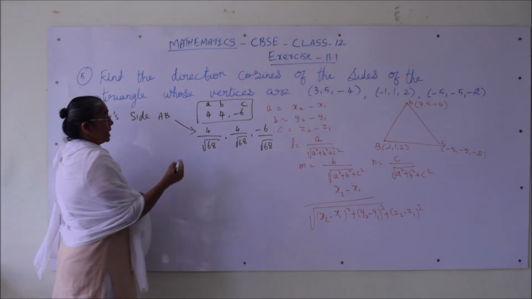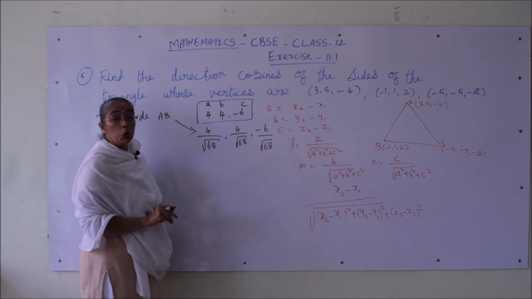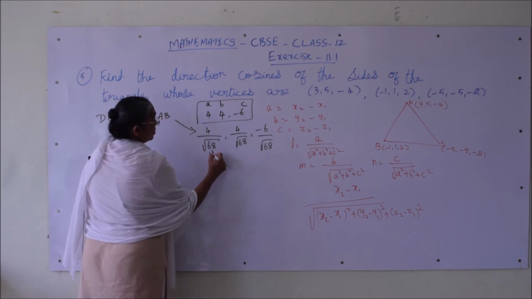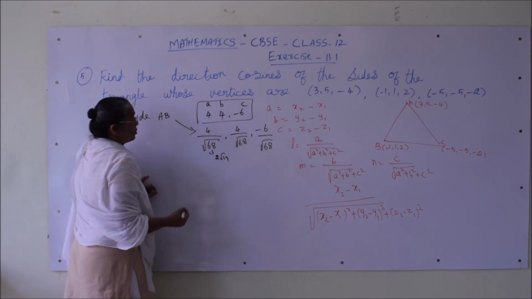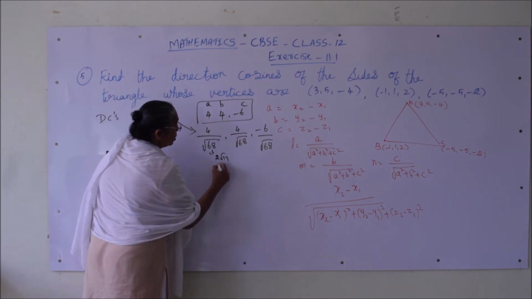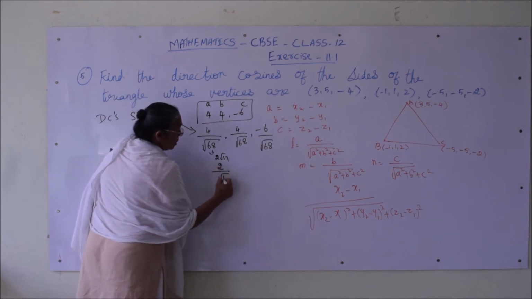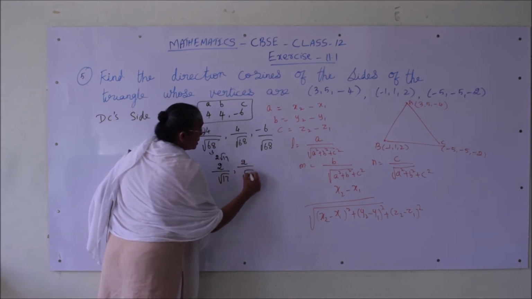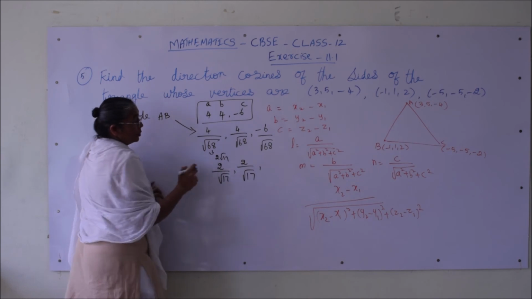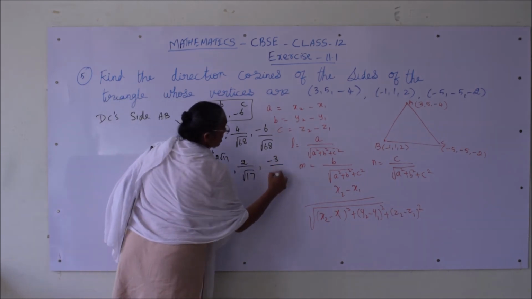Root 68 can be simplified as 2 root 17. So on simplification, the DCs of the side AB are 2 by root 17, 2 by root 17, and minus 6 by 2 root 17, which is minus 3 by root 17.